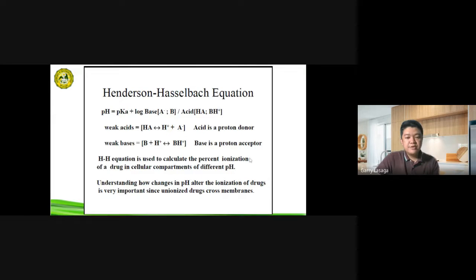When we say ionization, that refers to the proportion of the ionized and the unionized form of the drug. So percent ionization. When we say compartments, what are the compartments that we refer to?